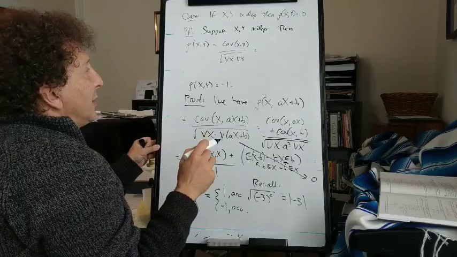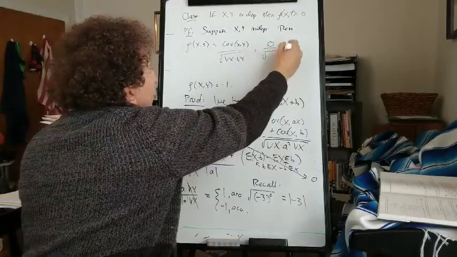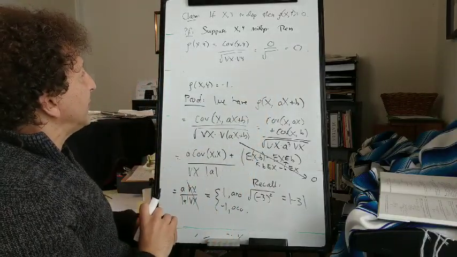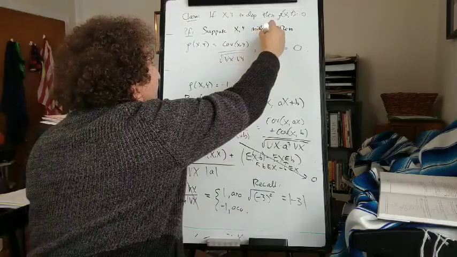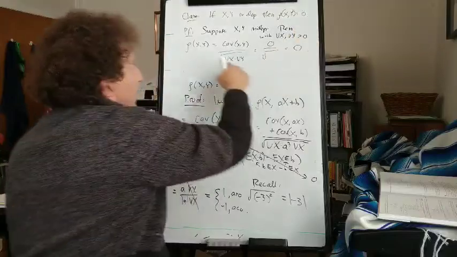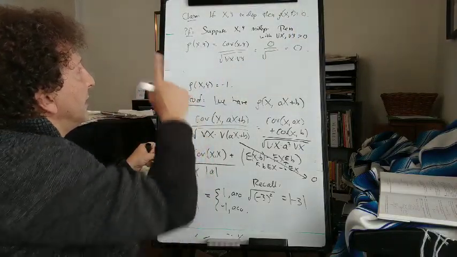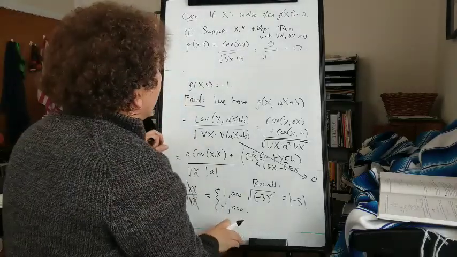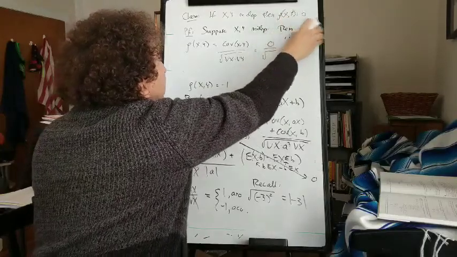But when x and y are independent, the covariance is 0. So as long as the variances are positive, we don't want to be dividing by 0, then x and y independent makes the correlation 0. Let me put this in the claim.